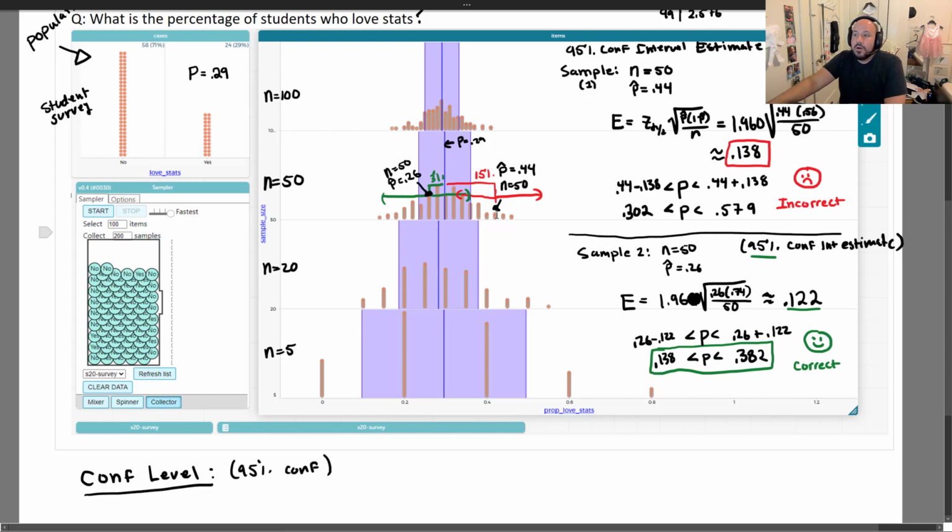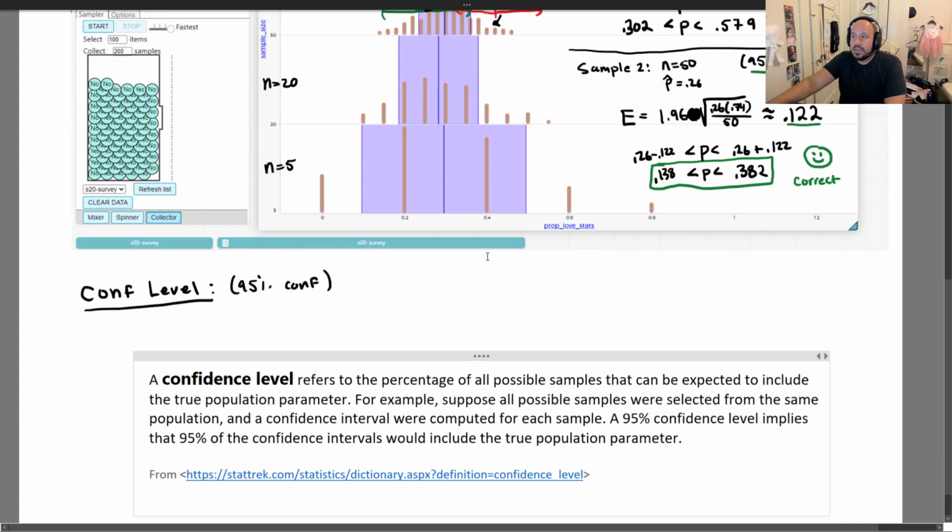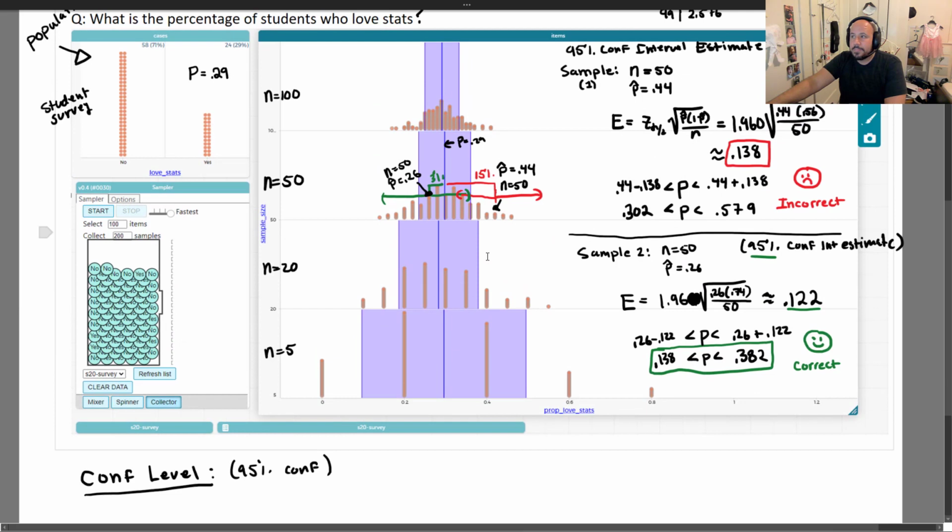Okay, so 95% are going to end up being correct down in this little group here, and about 5% of them are ultimately going to be wrong, so far away from the true value that even when I build in that wiggle room, that margin of error, I still end up incorrect. Okay?